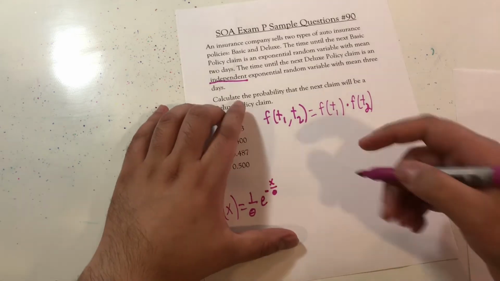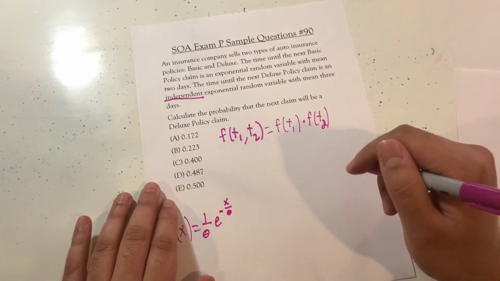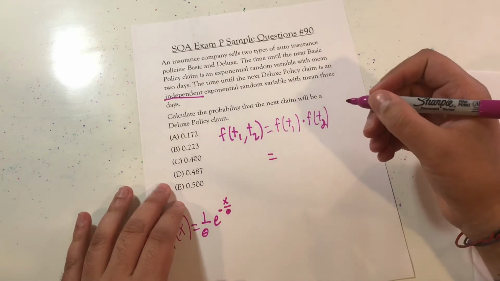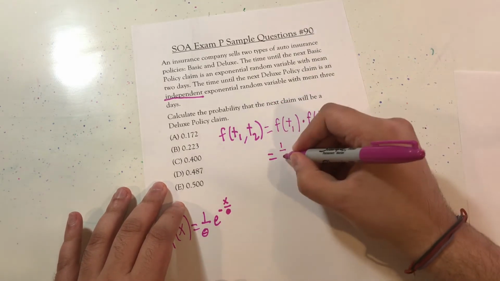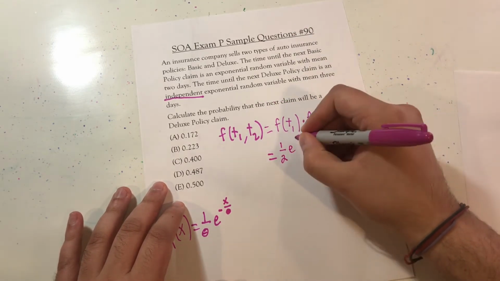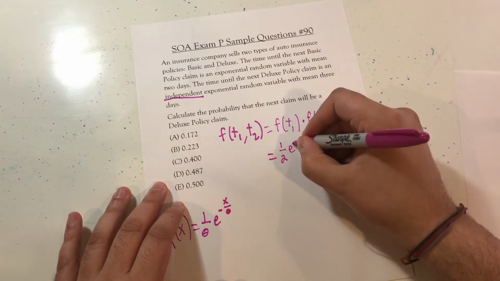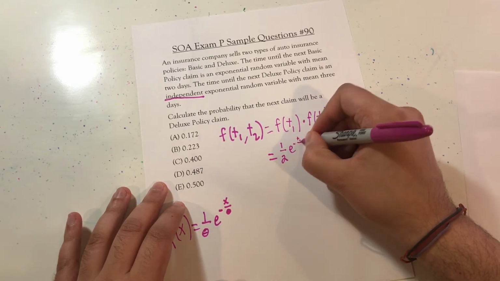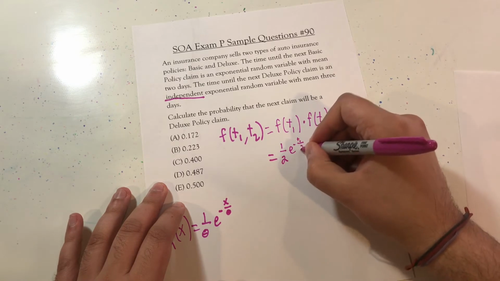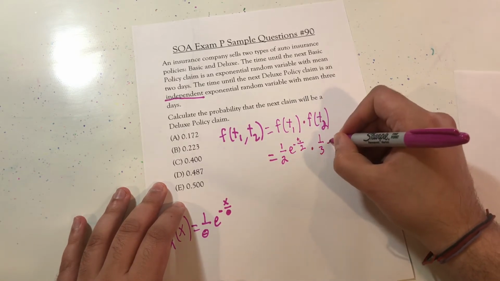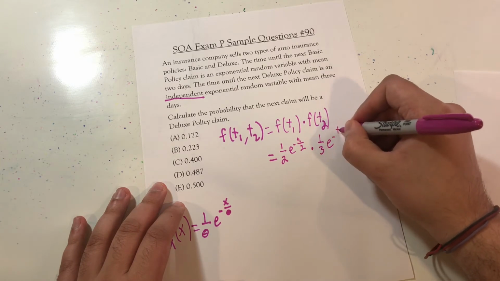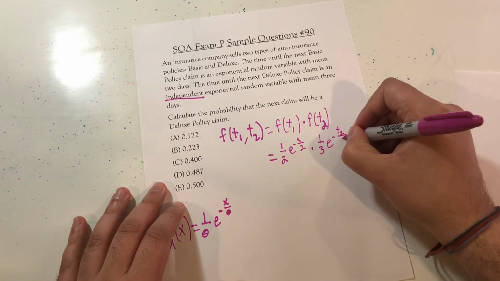Still, I know, shocking. So, to figure this out, the product of each of these: the basic policy is 1 over a mean of 2 multiplied by e raised to the negative t1 over 2, times 1 over 3 times e to the negative t2 over 3.